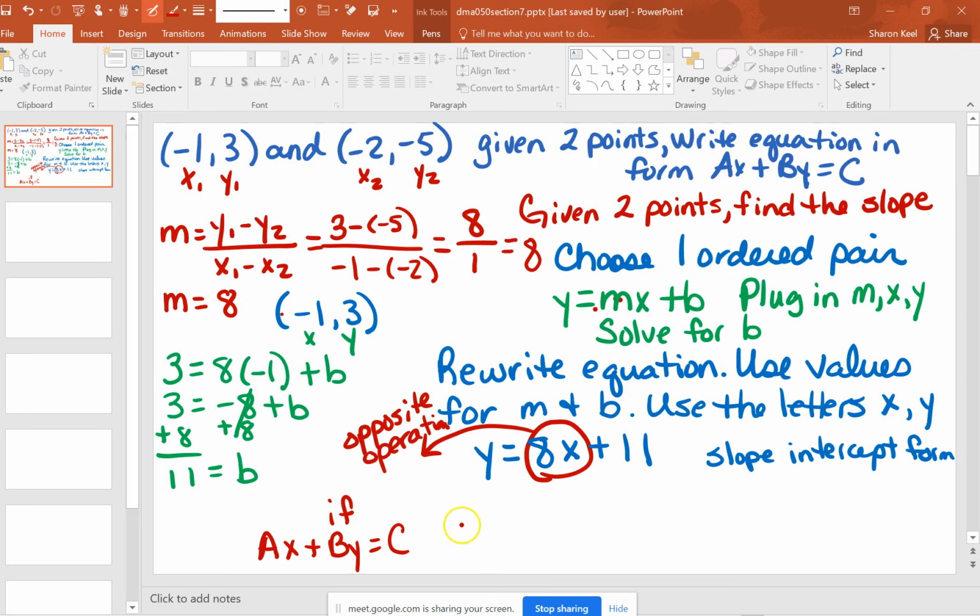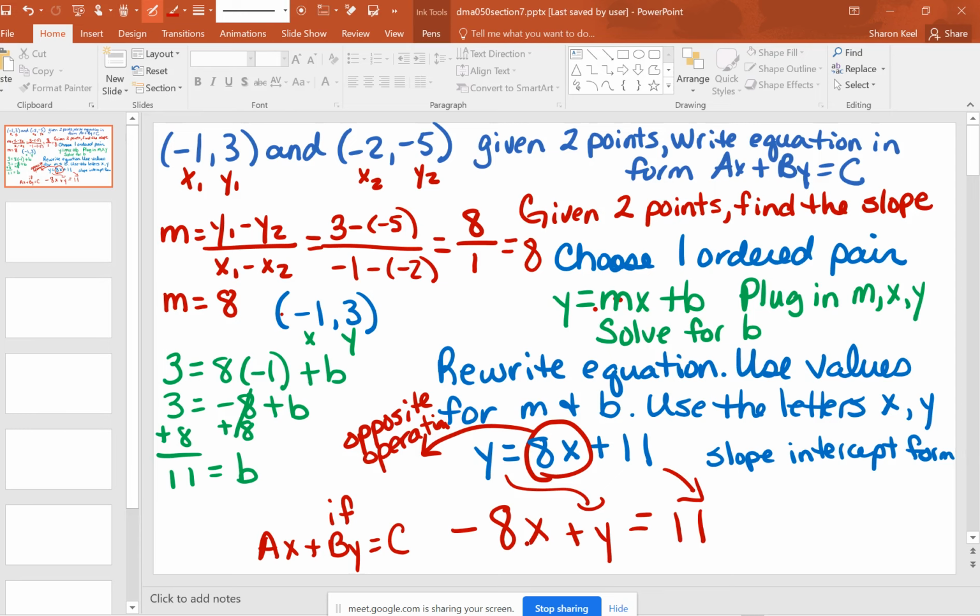So this 8x becomes negative 8x, and then I just bring down my y equals, and then I bring down my last number at the end. This is now in the standard form.